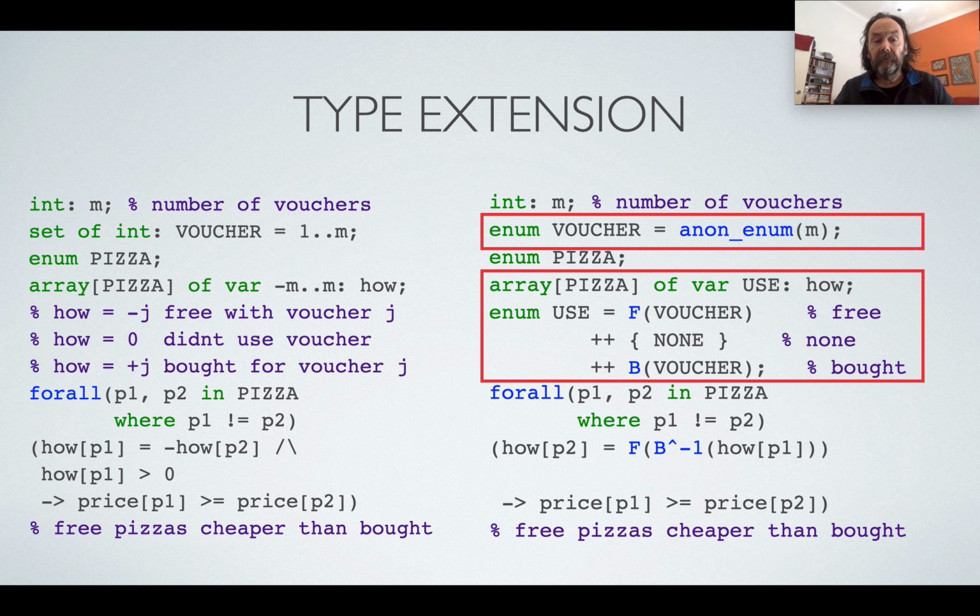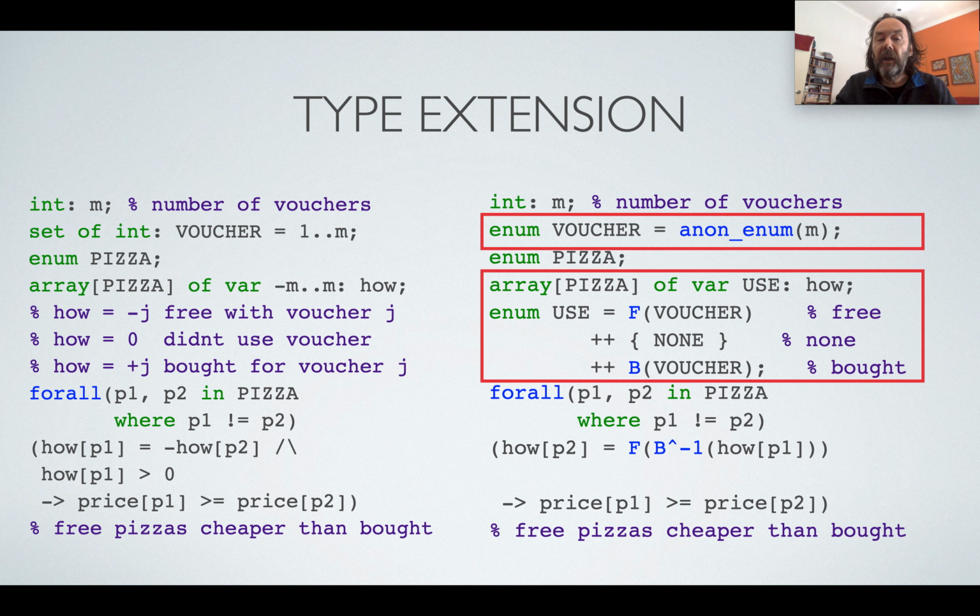Free of voucher, obviously, means we used it for free. None means we used no voucher to buy this pizza, and buy a voucher if we use this pizza to enable a voucher, right? And we're building this enumerated type using the voucher enumerated type, so extending that.